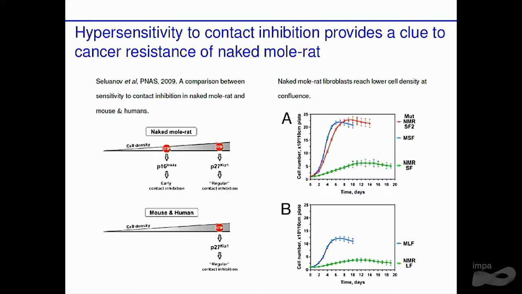What they measured is that if they take wild type naked mole rats and measure the fibroblast populations, they would grow up to a certain limit and become stable.